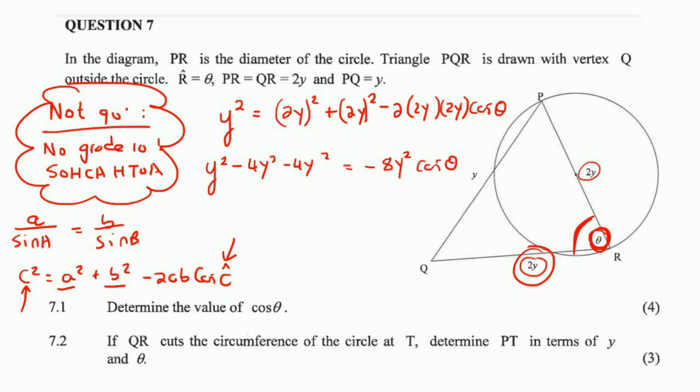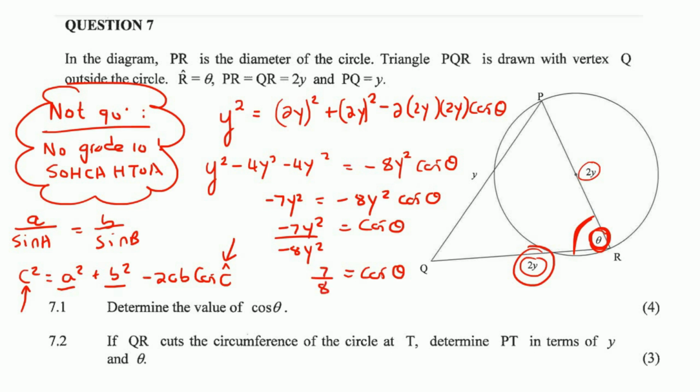On the left-hand side we end up with y squared minus 4, which is minus 3, minus another 4, which is minus 7. Now we just get cos theta by itself, because that's all they want. So minus 7y squared over minus 8y squared. The y's cancel, the negatives cancel, and you're just left with 7 over 8.